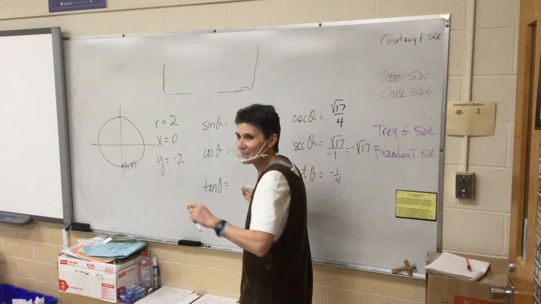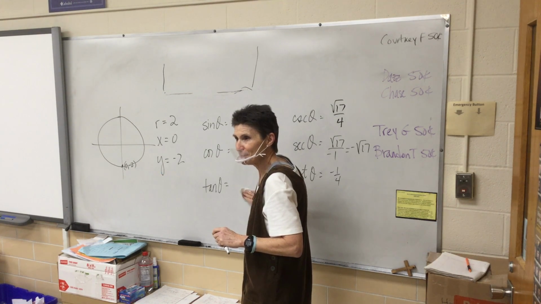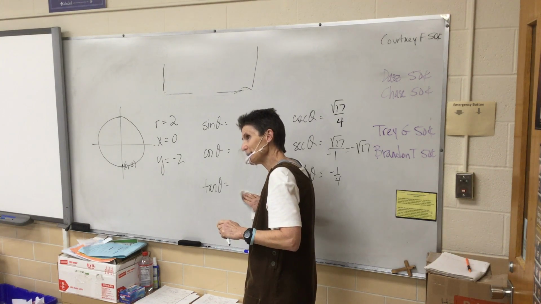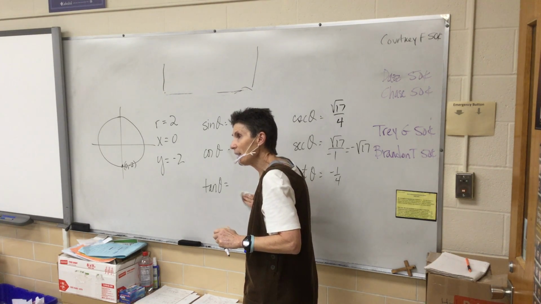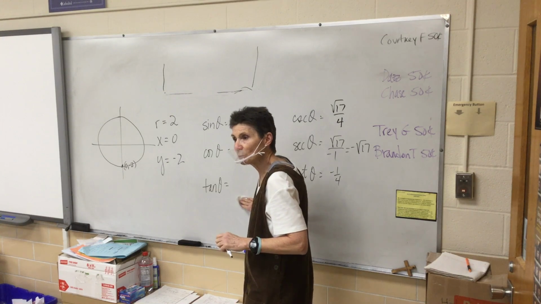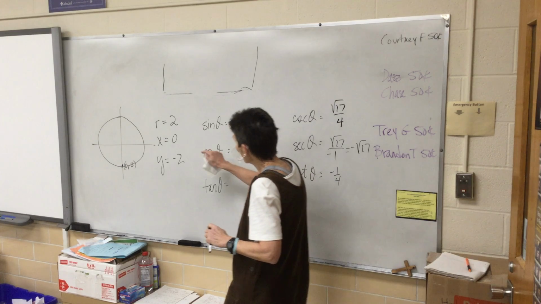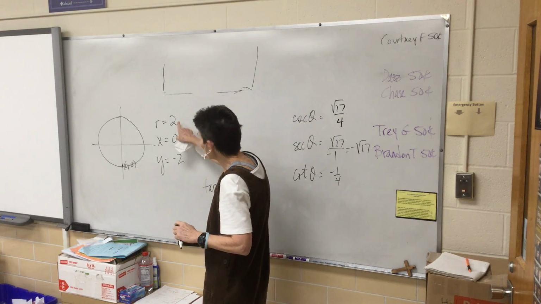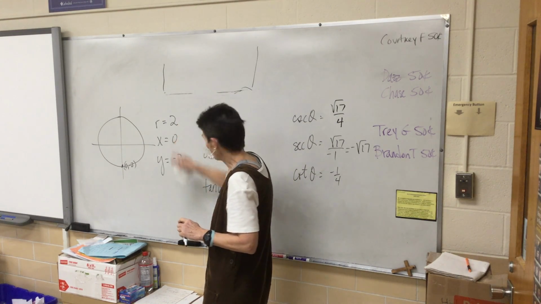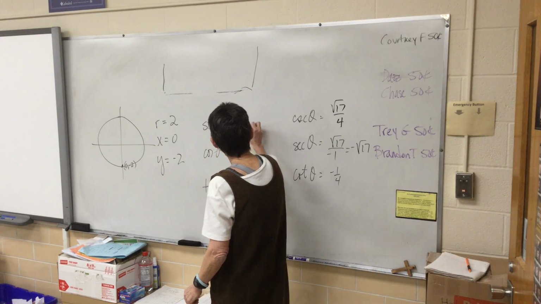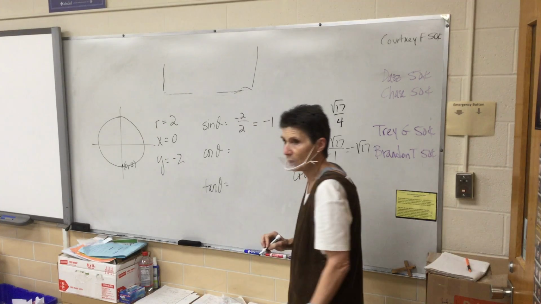But isn't there another definition listed there? If you can't draw a triangle, then you need the other definition of sine. And what is the other definition of sine? Y over r. So we have a y and we have an r. So we'll just put y over r. So negative 2 over 2, which I can reduce to just negative 1.